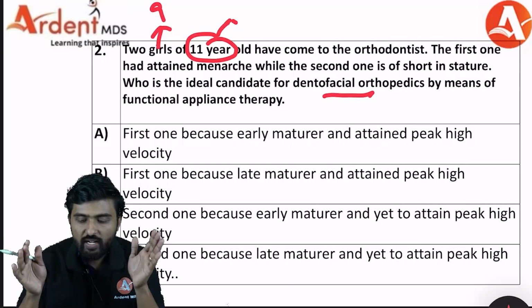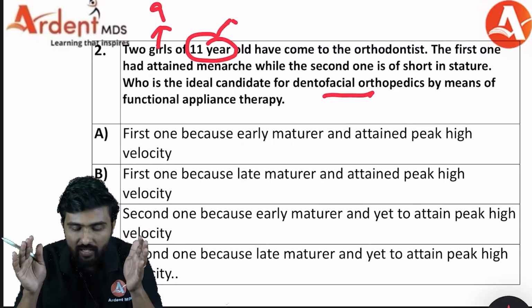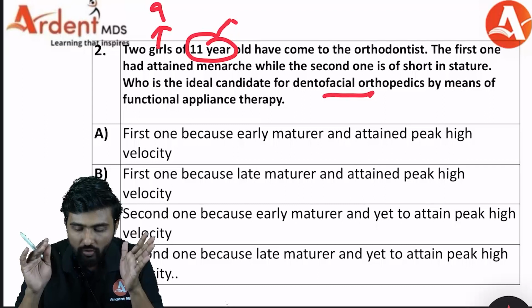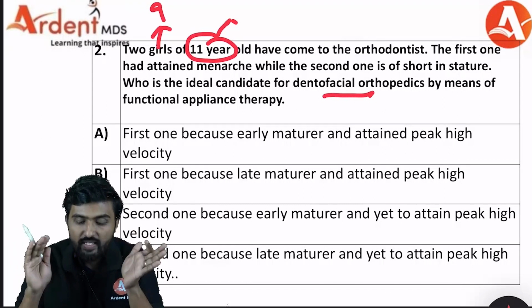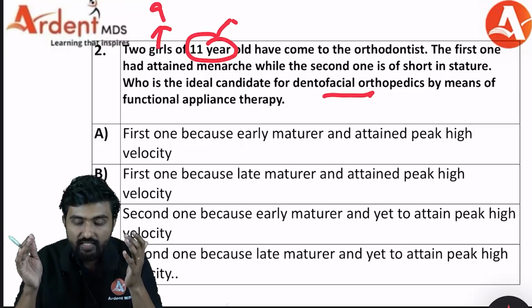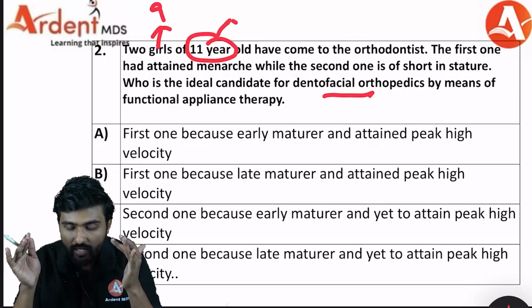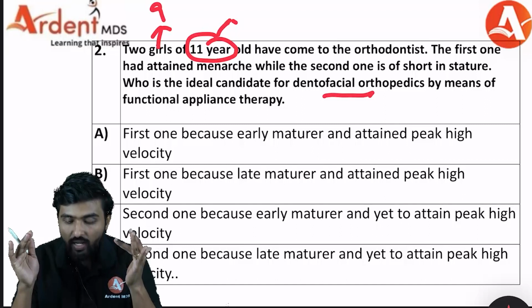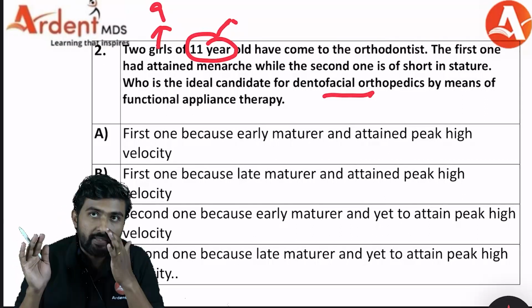First one, because early maturer and attained peak height velocity. First one, because late maturer and attained peak height velocity. Second one, because early maturer and yet to attain peak height velocity. Second one, because late maturer and yet to attain peak height velocity.